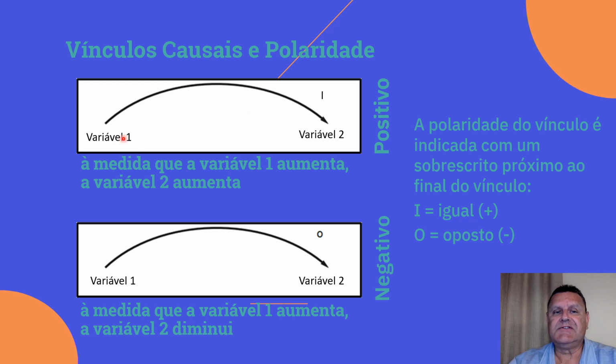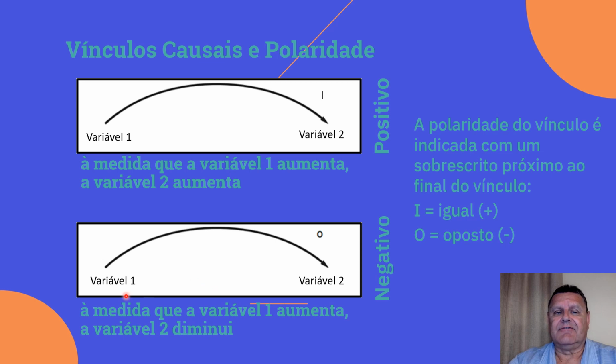We call these causal links, and the polarity. This means that we have two variables, variable 1 and variable 2, and the line between them says that variable 1 influences variable 2. And we see an S here, and the S stands for same. That means a positive correlation. So as variable 1 increases, variable 2 increases.